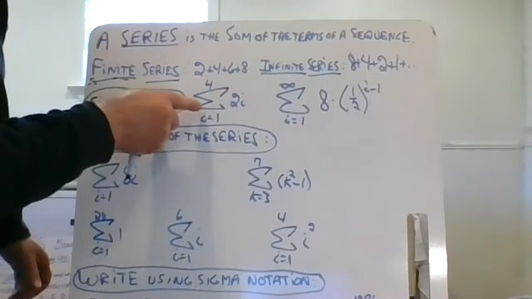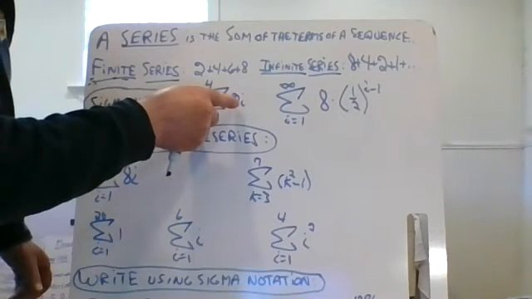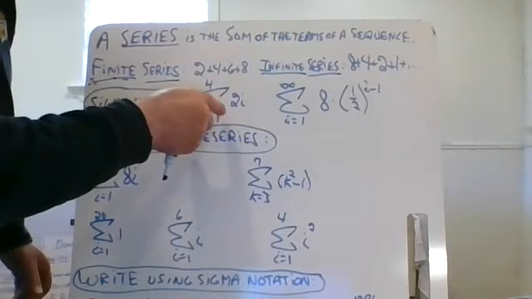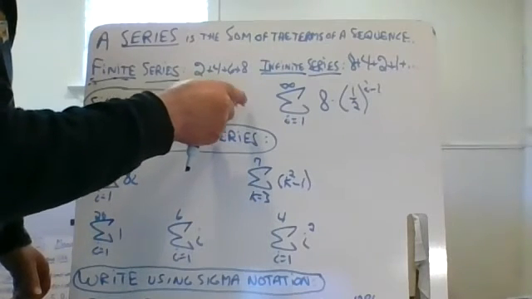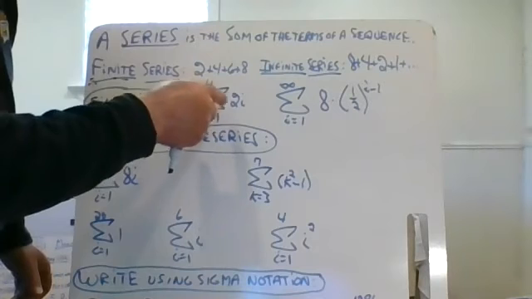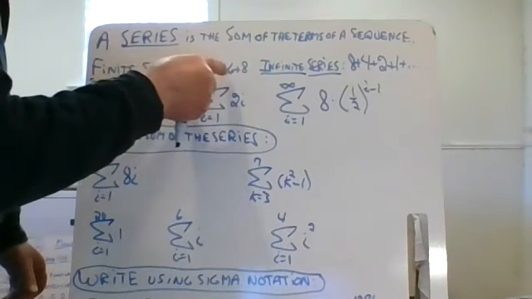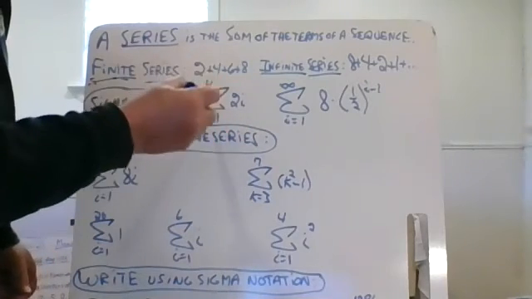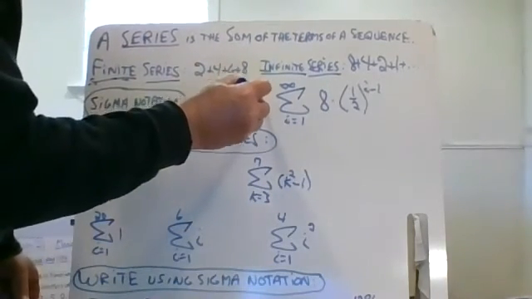So this sigma says add them up. So let I equal 1, you get a 2. Sigma says add it to I equals 2, you get a 4. Add that to I equals 3, you get a 6. Add that to I equals 4, you get an 8. And you would get 6 and 6 is 12 and 8 is 20. So sigma from 1 to 4 of 2i would equal 20.